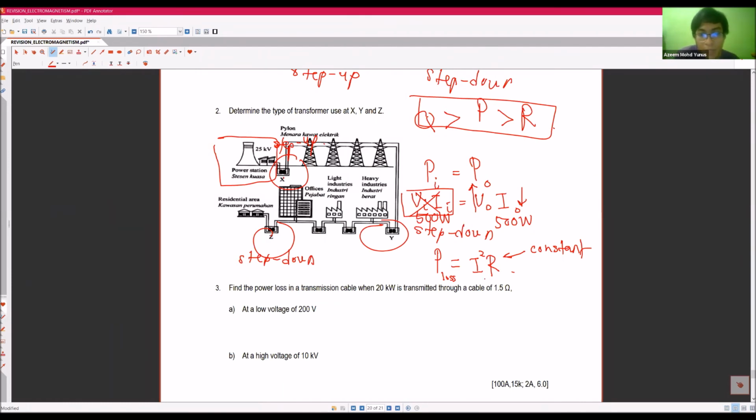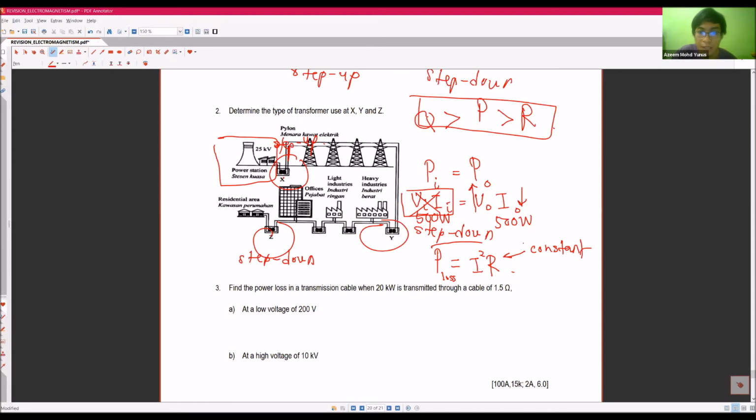What we can do is change the current. So if the resistance doesn't change, the current can be decreased to reduce power loss. Current squared is directly proportional to power loss, so smaller current, smaller power loss.